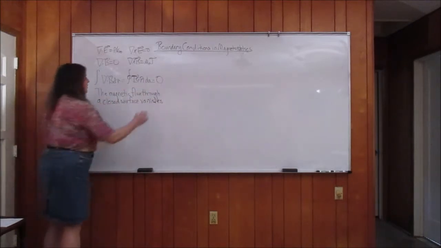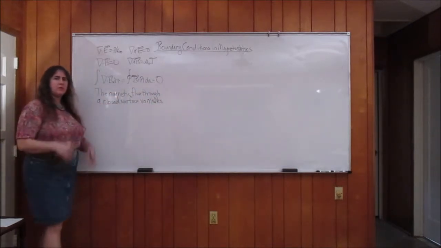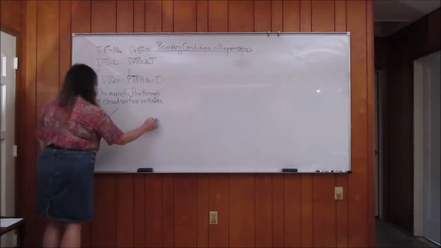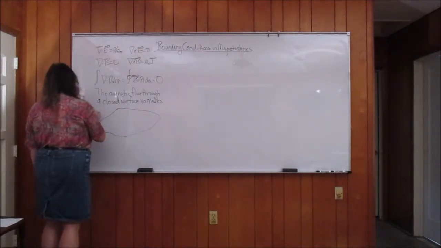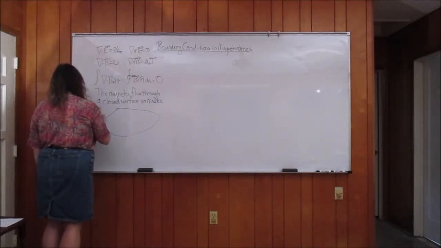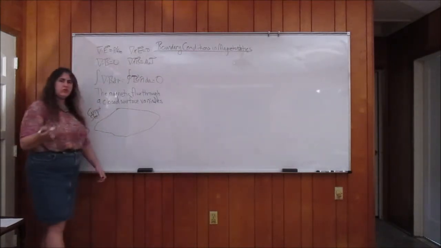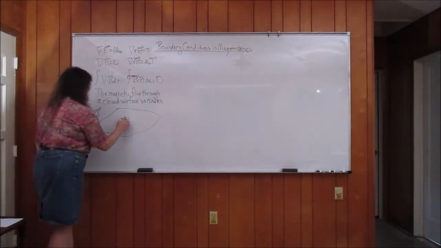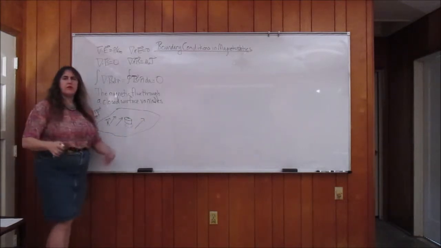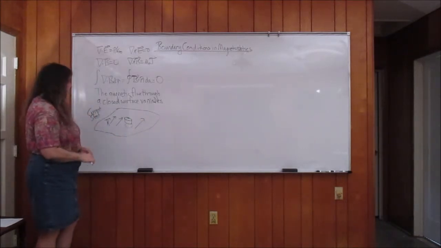So let's consider a particular example. Let's suppose that we've got a current sheet, and I'll construct a pillbox. And I'll assume that there's a surface current density.